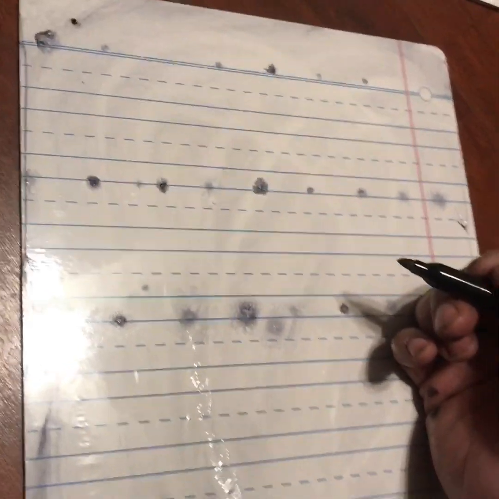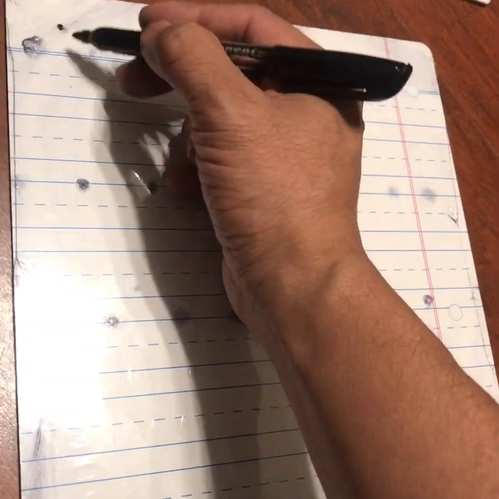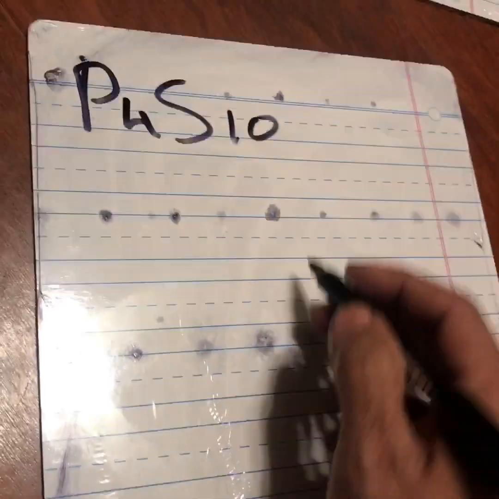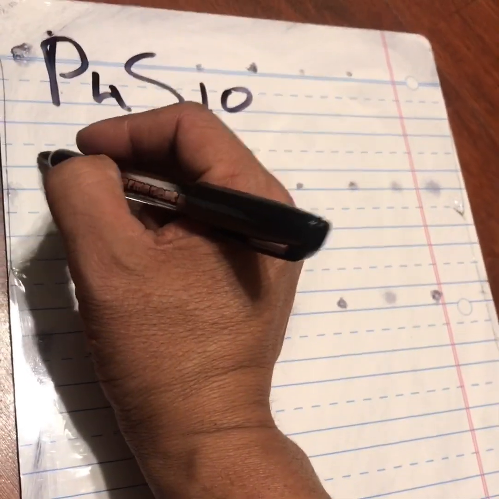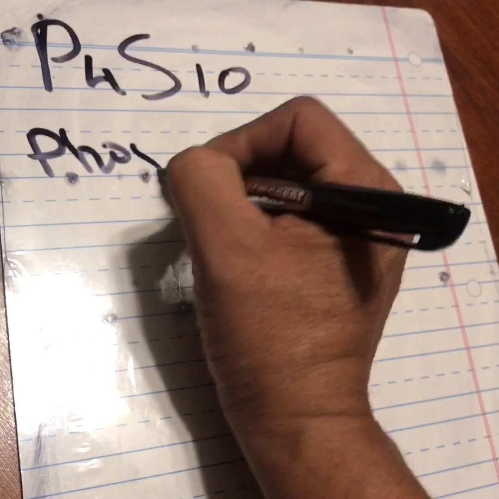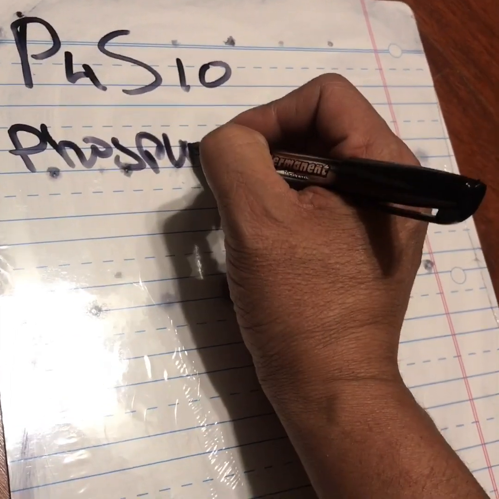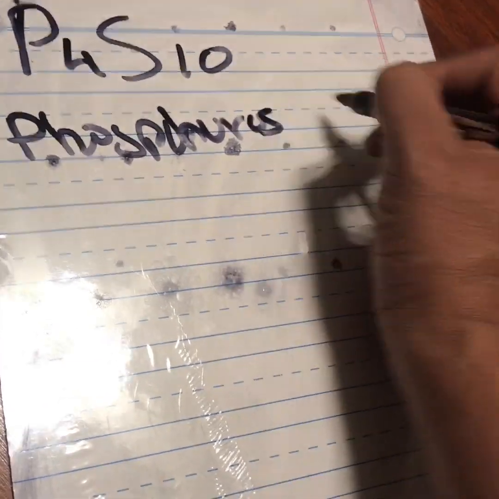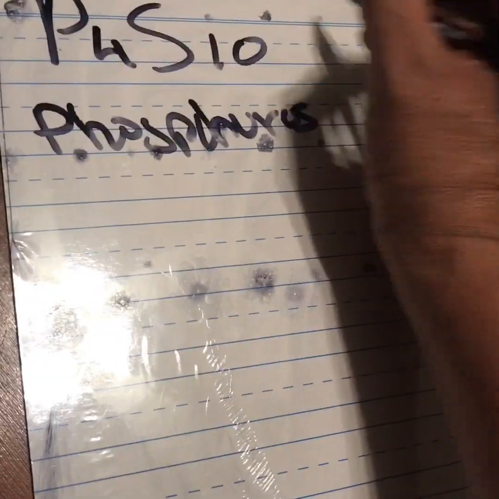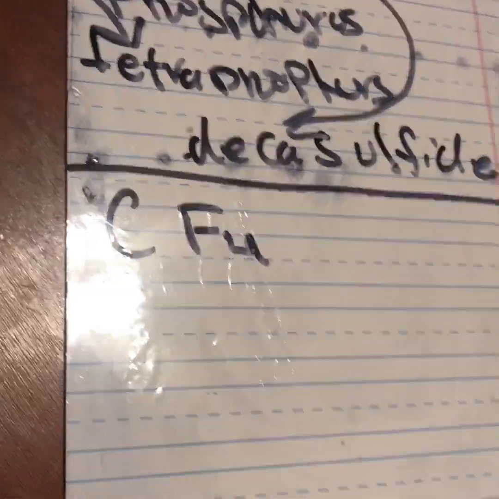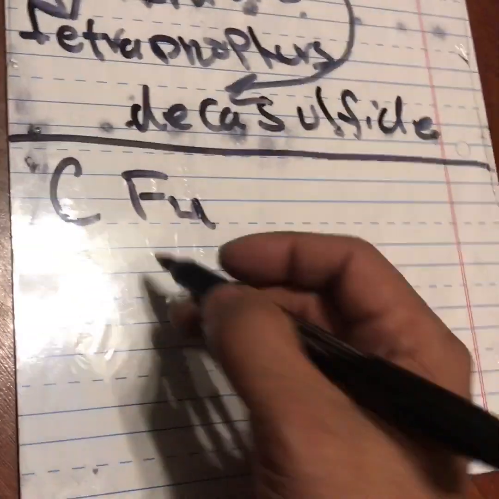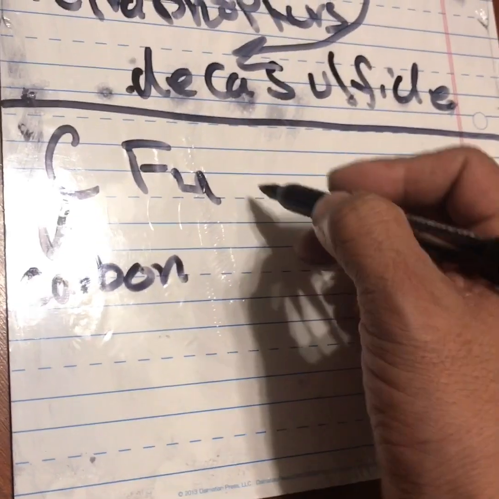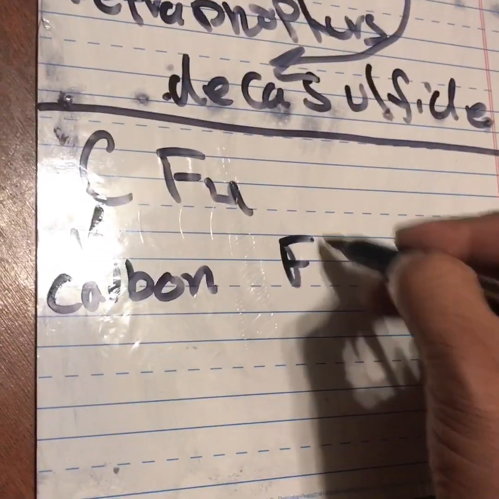For another example, we have P4S10. So for P, we have phosphorus, and for S we have sulfur. Now we have CF4, so we have carbon and fluoride.